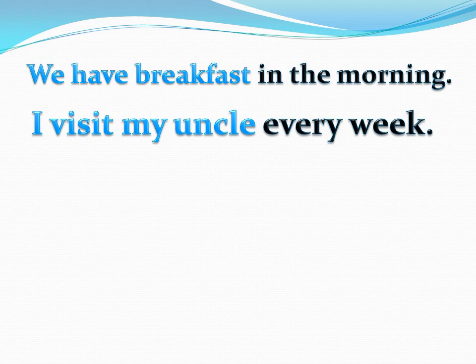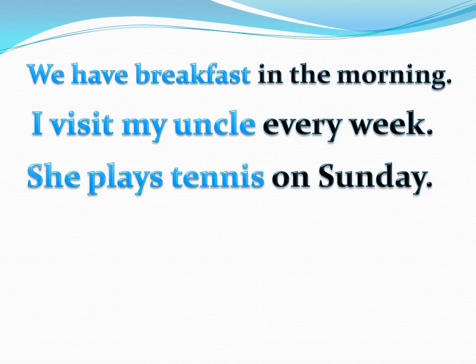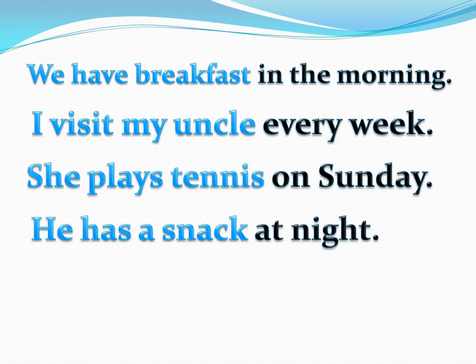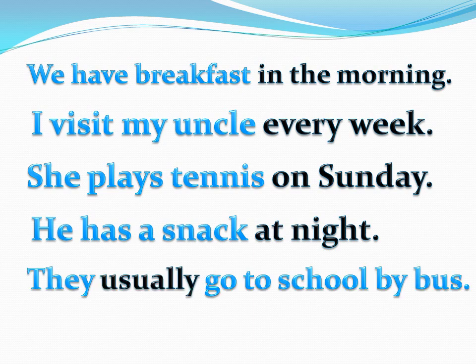So this is at the end of the sentence. She plays tennis on Sunday. On also comes at the end of the sentence or the beginning. He has a snack at night. The word at night or at the weekend comes at the end or the beginning of the sentence.